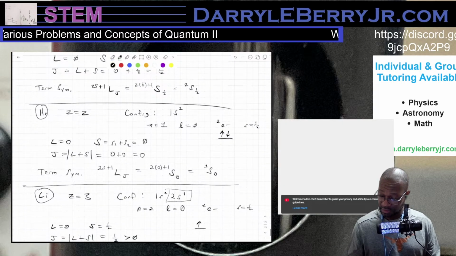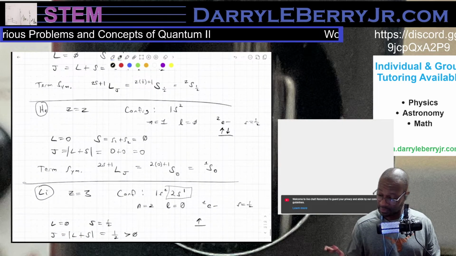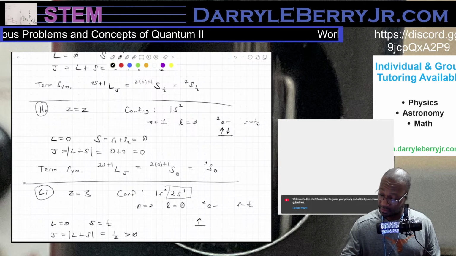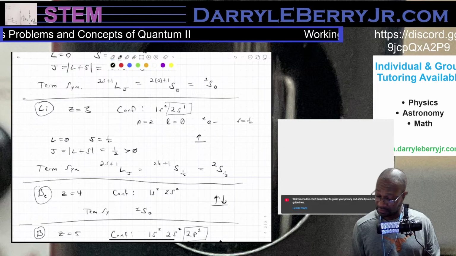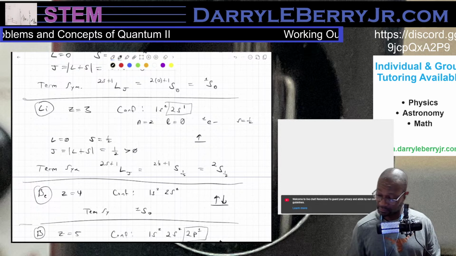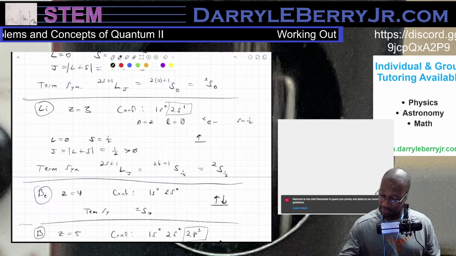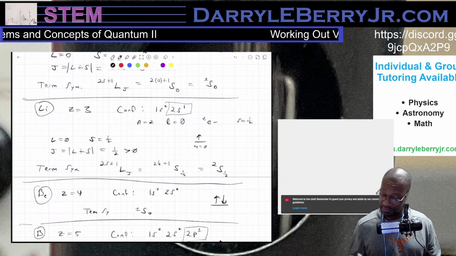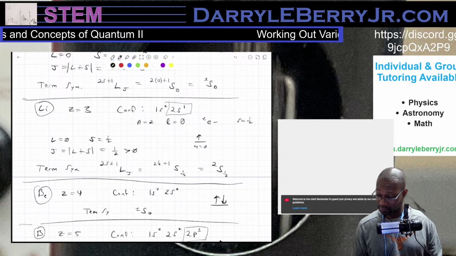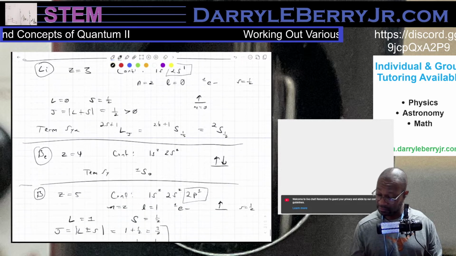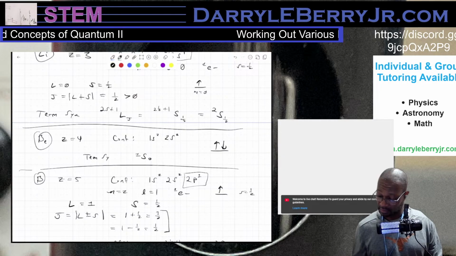There's no M's to add. Here is full, so we get the default. Here little L equals 0. ML equals 0. So L equals 0. Here, default.